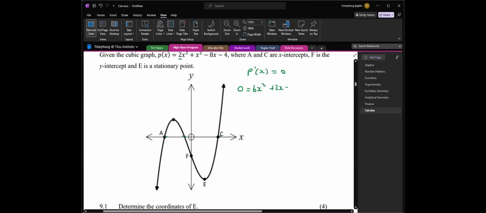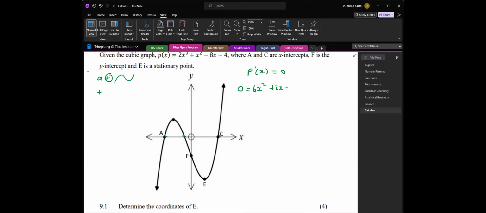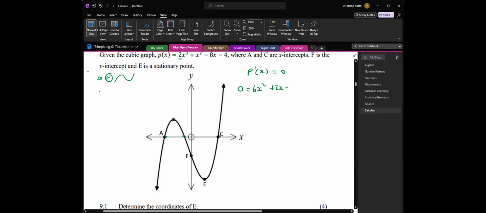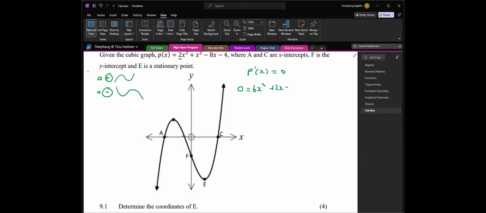If your a value is positive, then your graph is going to take that form. If your a value is negative, it's going to be in that form. But you need your intercepts, turning points, y-intercept, point of inflection, and then you just join them to get the shape. Otherwise, we can't tell what the shape is going to look like without having those things.